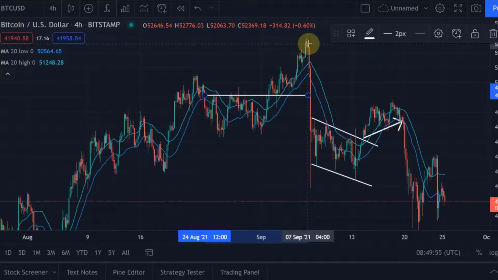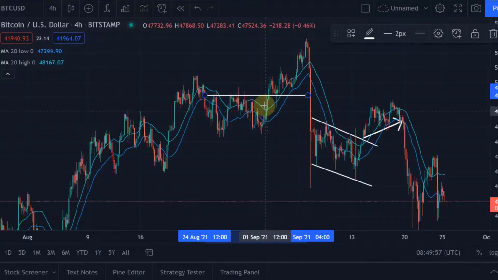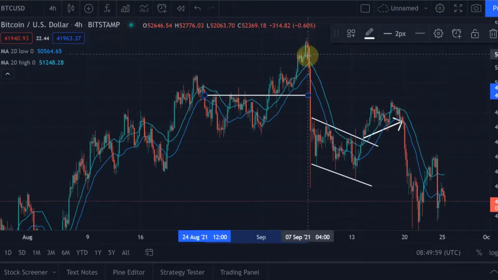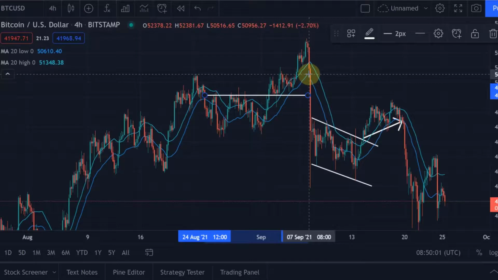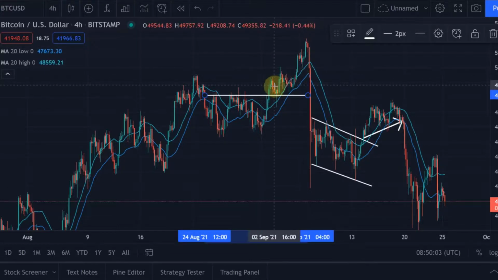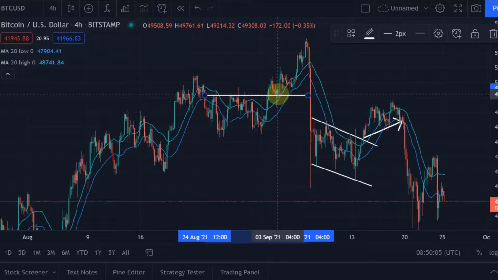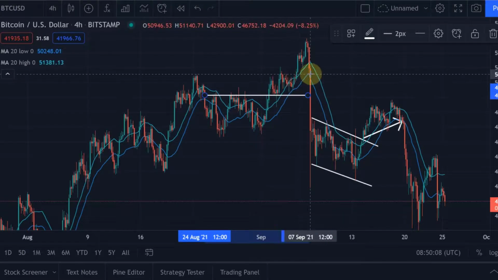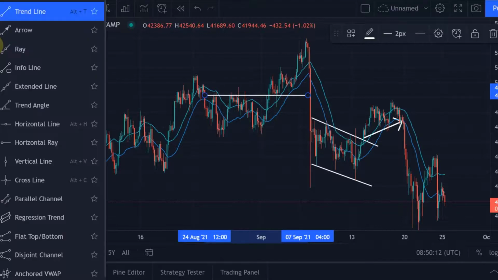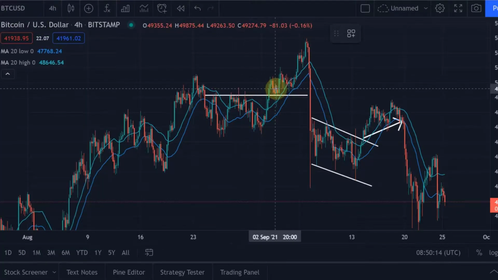Yes, you would have still stayed in the trade. From there to here, you would have still stayed in the trade, but here the channel was broken, so that is when you would have exited it. So trade entry at 49,200, exit at 50,500. Again, nice profit, and again, maybe not a massive profit, but you can use that for short-term trades.